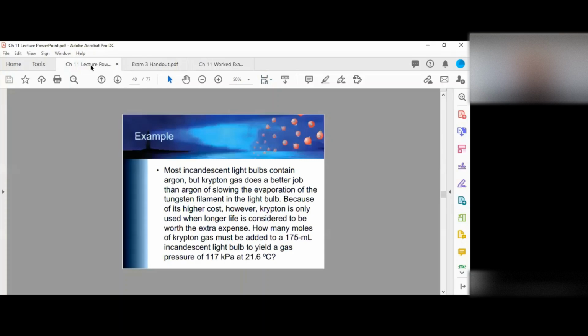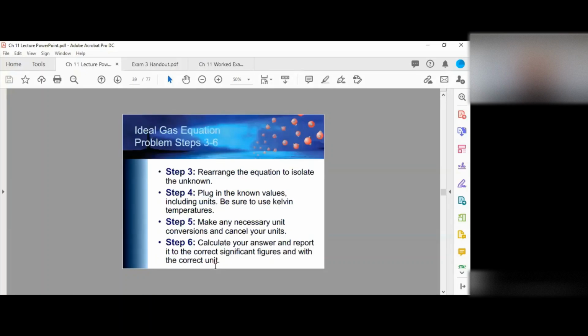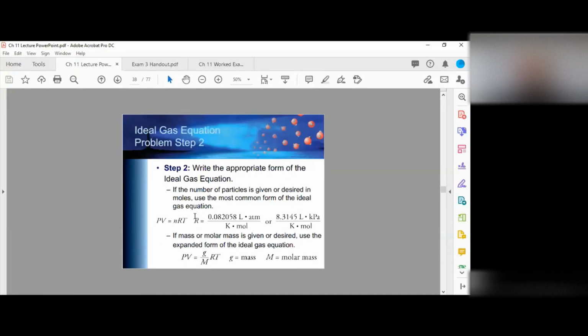So I get the 117 converted to atmosphere, and that's the accepted unit for pressure. Again, remember the R constant: the unit of pressure has to be in atmosphere.